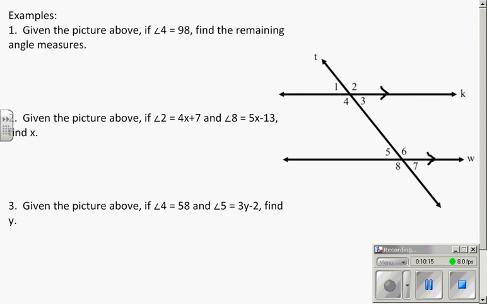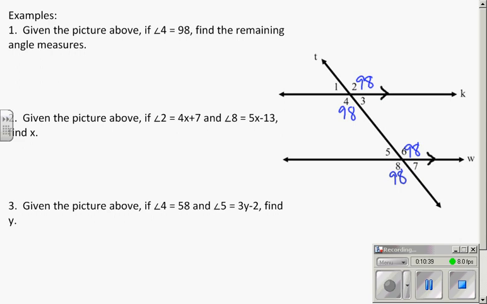So given the picture, if angle 4 is 98, find the remaining measures. And what you can see is vertical angles, 2 is 98. Now go through, I know these are parallel, 4 and 8 are corresponding, so this is 98. 8 and 6 are vertical, or 6 and 2 are corresponding.